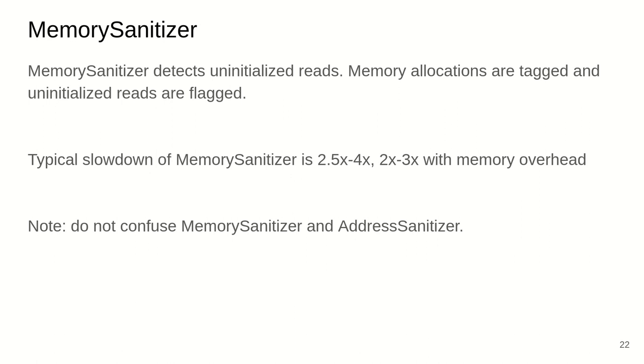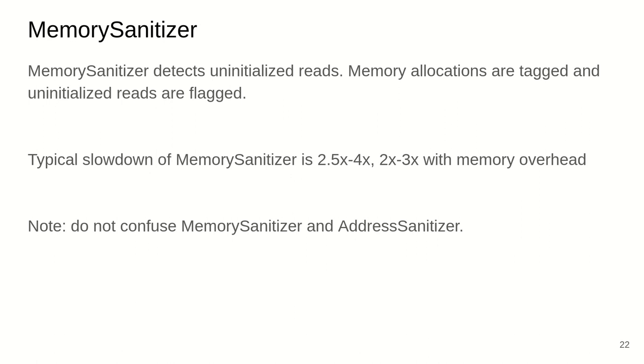And on memory read, it makes sure that the bits are actually cleared. So MemorySanitizer allows you to detect any kind of uninitialized reads. Typical slowdown of MemorySanitizer is 2.5 to 4x, with about the same amount of memory overhead as AddressSanitizer. Do not confuse MemorySanitizer and AddressSanitizer. AddressSanitizer gives you an approximation of memory safety.